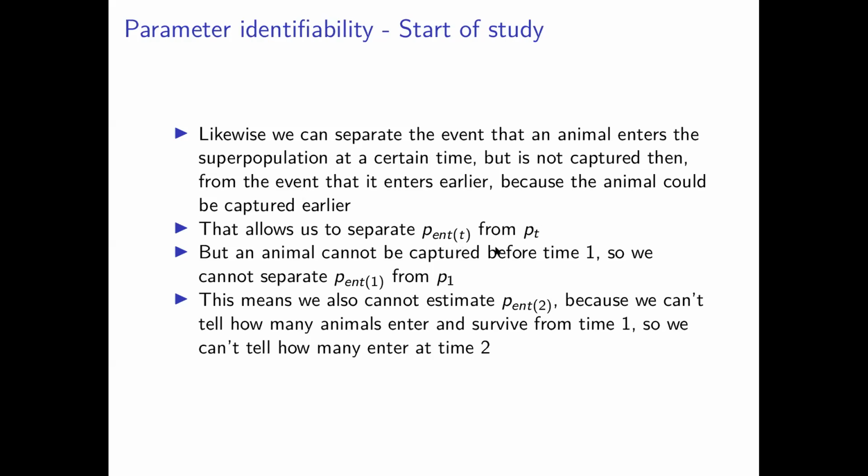But an animal can't be captured before time 1, so we can't separate the pent parameter for time 1 from the capture probability at time 1. And that also means we can't estimate the pent parameter for time 2, because we can't tell how many animals enter at time 1 and then survive till time 2, so we can't separate that from how many enter at time 2.